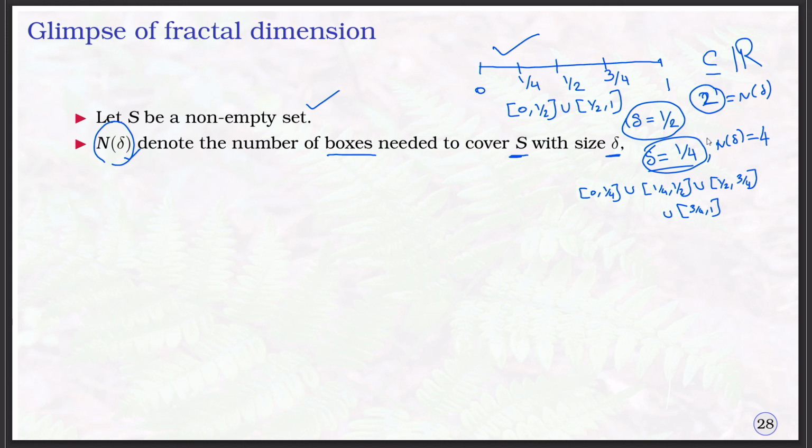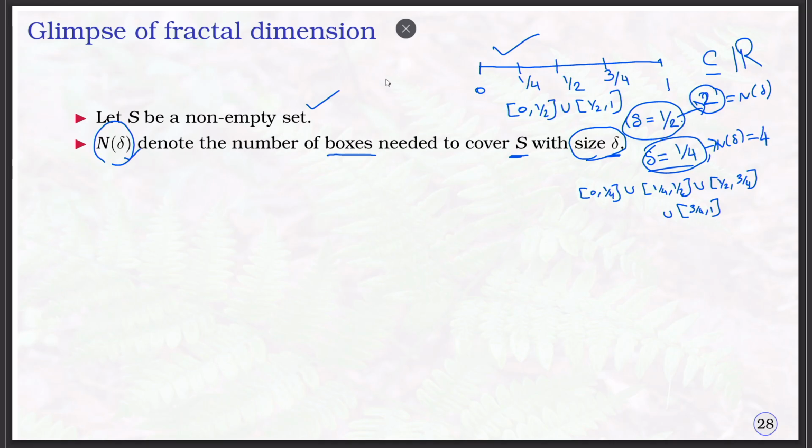So, the relation between delta and n of delta is that whenever you reduce the box size, the number of boxes required to cover the object will increase. See here, if you fix delta as 1 by 2, we need only 2 boxes to cover the line segment, whereas if you take delta equal to 1 by 4, we need 4 boxes to cover the given object.